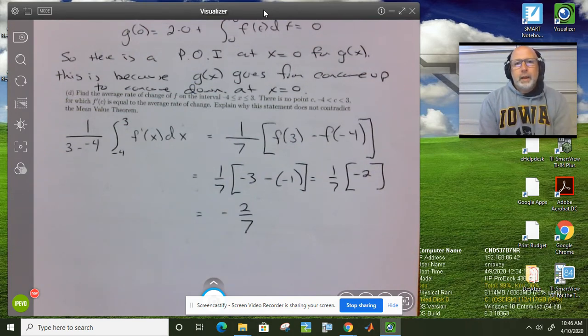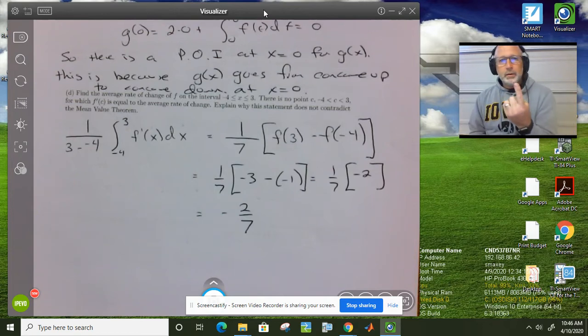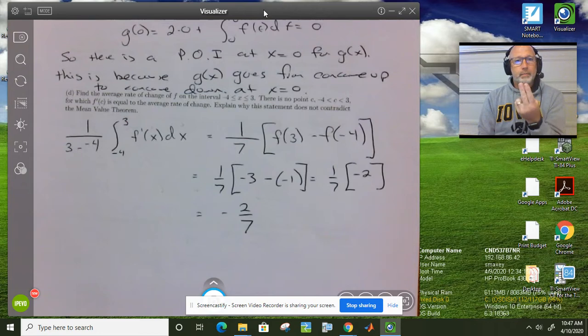Okay, so there is no point C between -4 and 3 for which the derivative at C is equal to the average rate of change. Explain why this statement does not contradict the mean value theorem. Okay, what does the mean value theorem state? There are two conditions that have to hold. One, it has to be continuous on the interval, and two, it has to be differentiable on the interval.